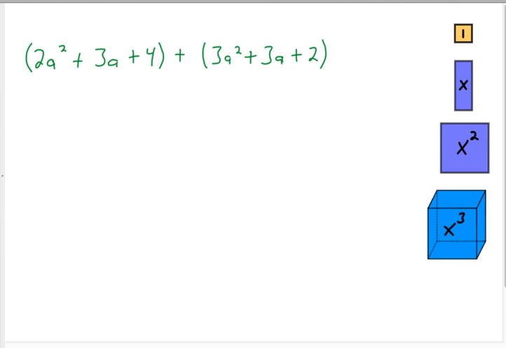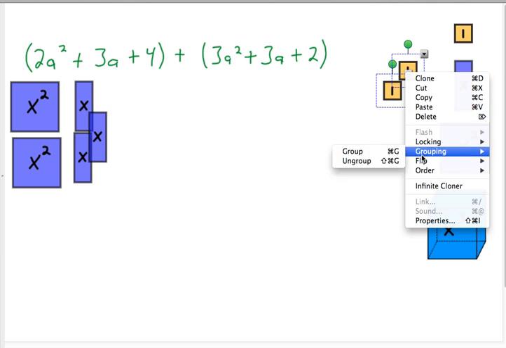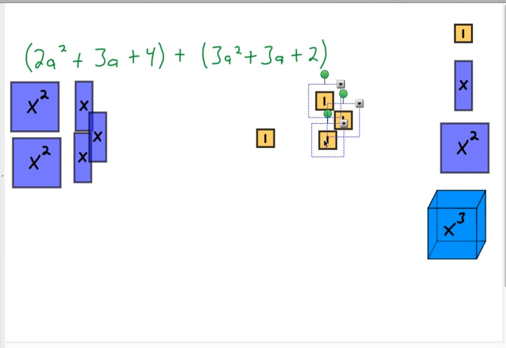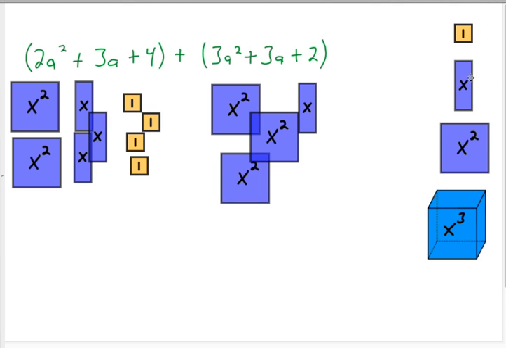So again, we have 2a squared, we have 3a, and then we have 4 1's. Okay, 4 1's. 1, 2, 3, 4. And then we have 3a squared, 3 x's, and 2 1's.